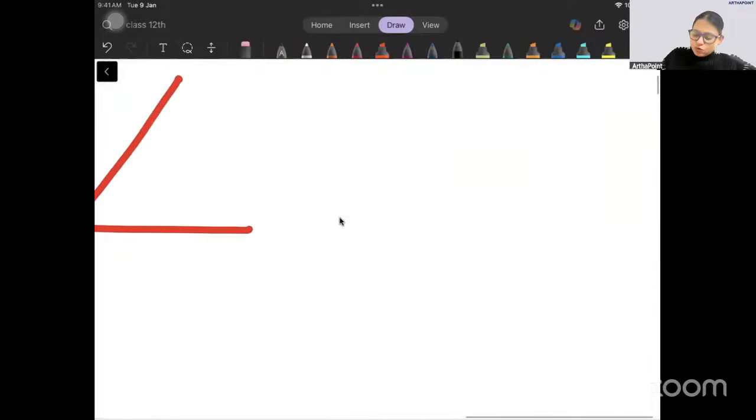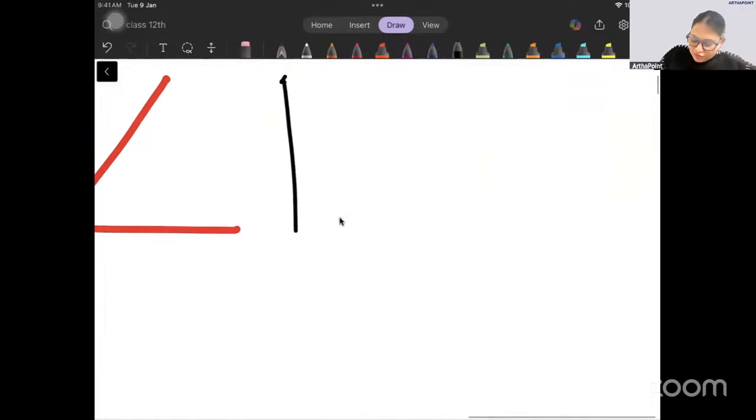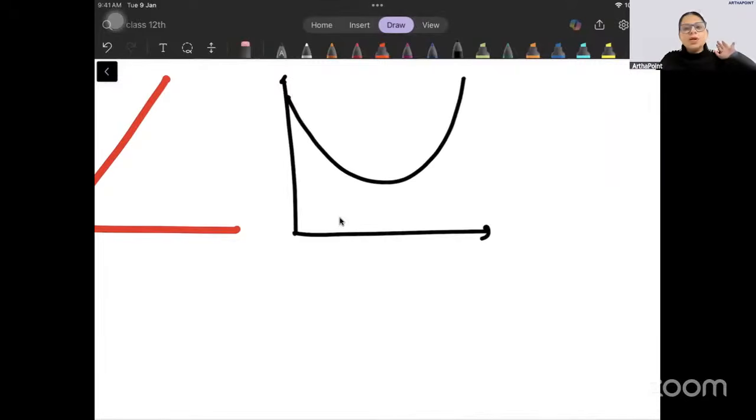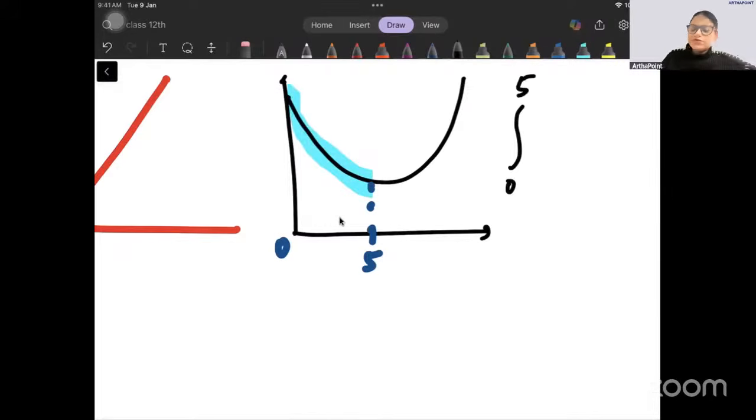So if I have to find the area under this curve, suppose, forget demand, supply, whatever, if I have to find the area under a quadratic function from 0 to 5, very simple. I will just integrate this curve from 0 to 5 and I will get the area under that curve.